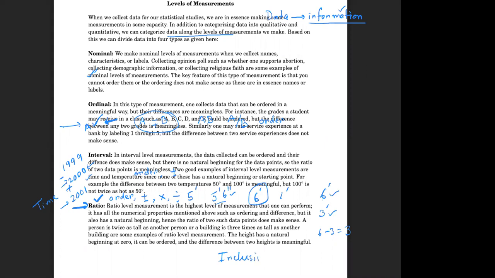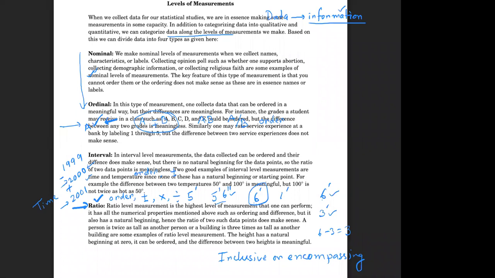It is the most encompassing type of data you can collect. As you can see, as you go down this list, you are collecting deeper and deeper levels of data.